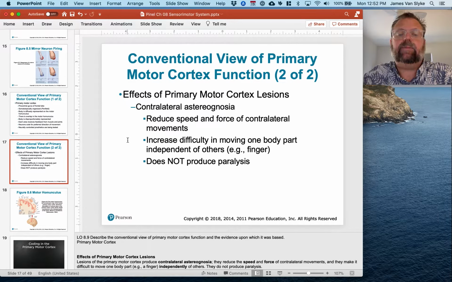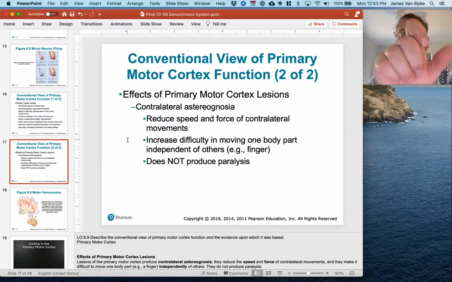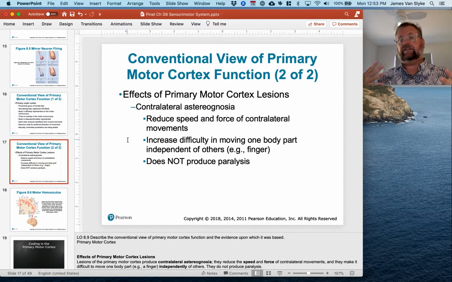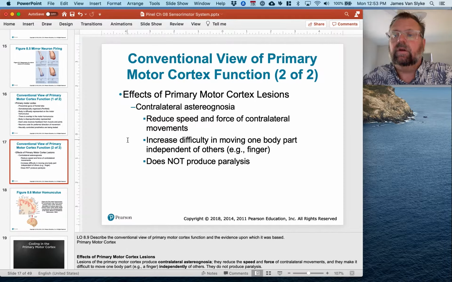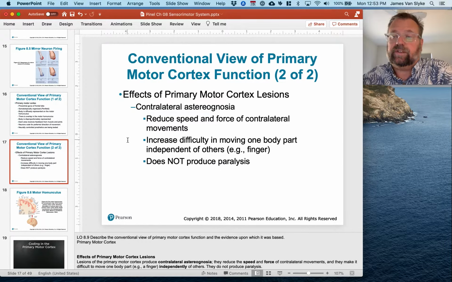You also see that people have increased difficulty moving one body part independently of others. Say you wanted to move your finger like this, or move your thumb. Trying to distinguish between the parts of my hand versus my entire hand takes more effort, and thus requires more of the motor cortex. So when you see damage within the motor cortex, those are some of the deficits you see.